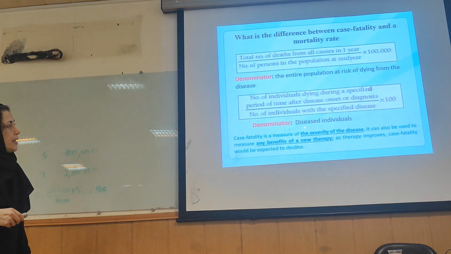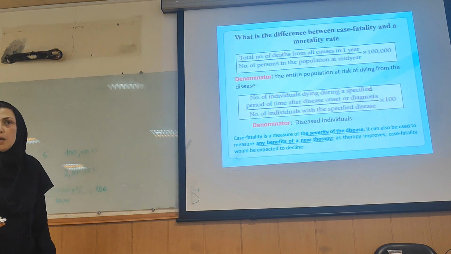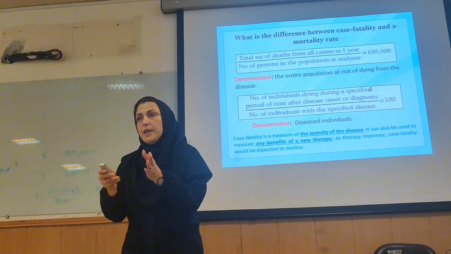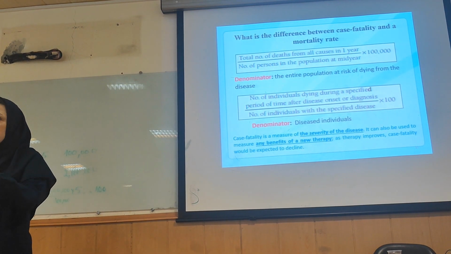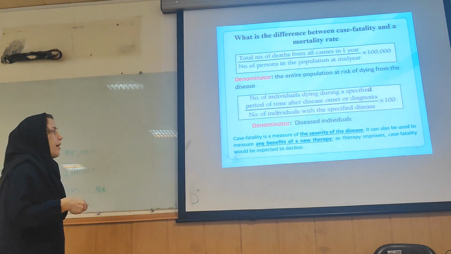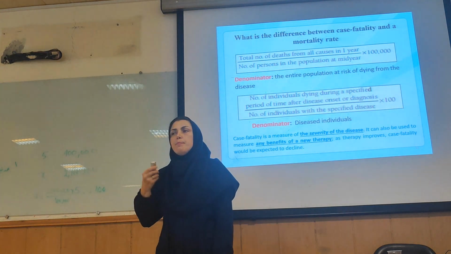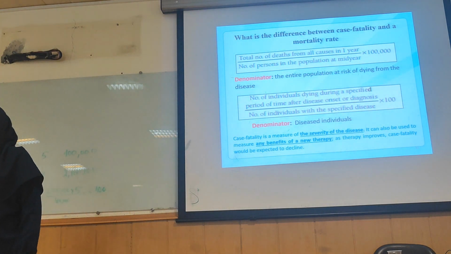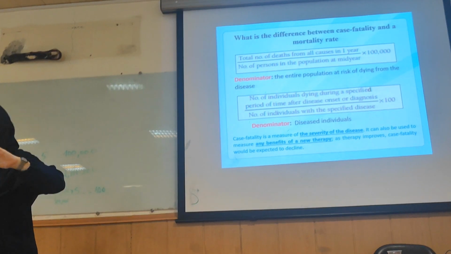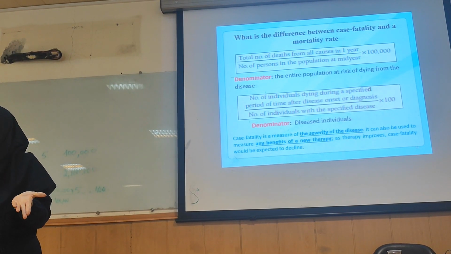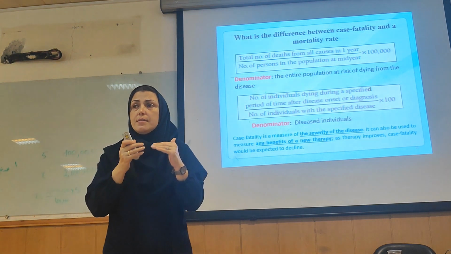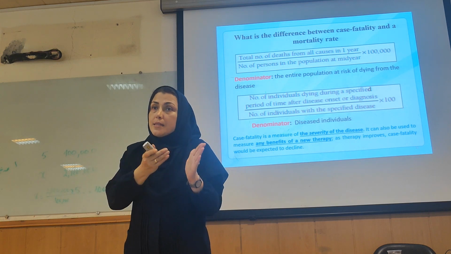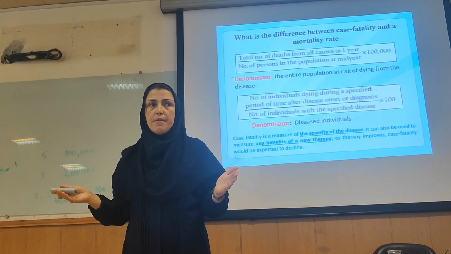Okay, so case fatality is a measure of the severity of the disease. Why? It is clear, because if a disease is more severe, the fatality of that disease would be higher. So if I tell you that, for example, pancreatic cancer has a case fatality of about 80%, it means that out of 100 patients, 80 will die during a year.